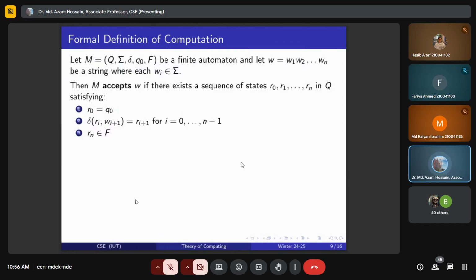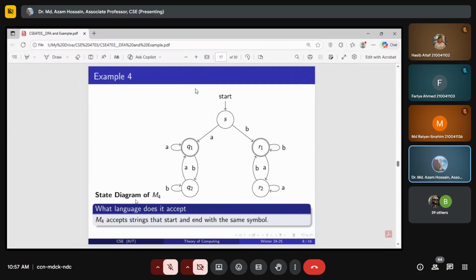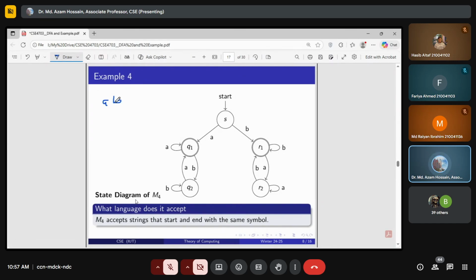Okay, let's now discuss the definition of computation. Actually, you know, when I have a string for this machine, suppose I write A, B, B, A. This is a valid string for this machine, isn't it?